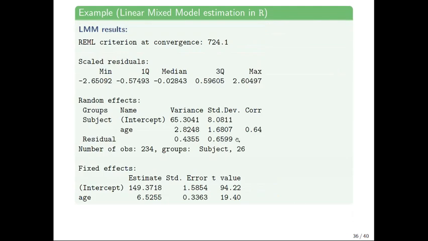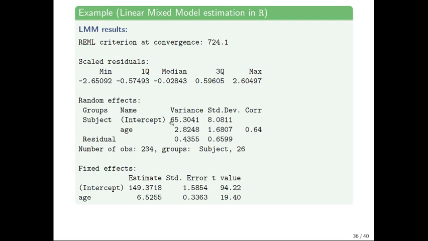And here's the output. We get the REML criterion at convergence and diagnostics on the scaled residuals. Then, and this is the distinctive feature of mixed model output, we get two distinct blocks of parameters, the random effects parameters and the fixed effects parameters. First, the random effects block.